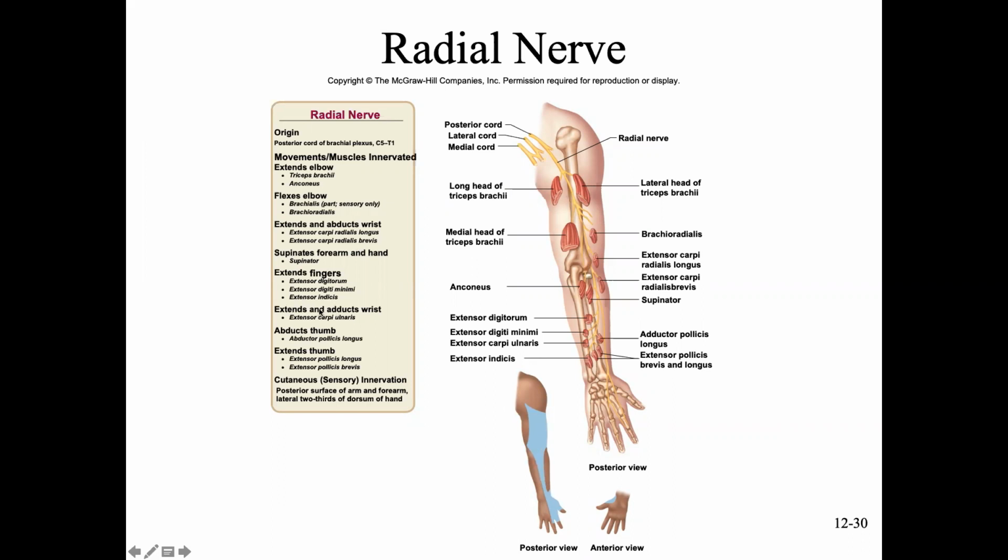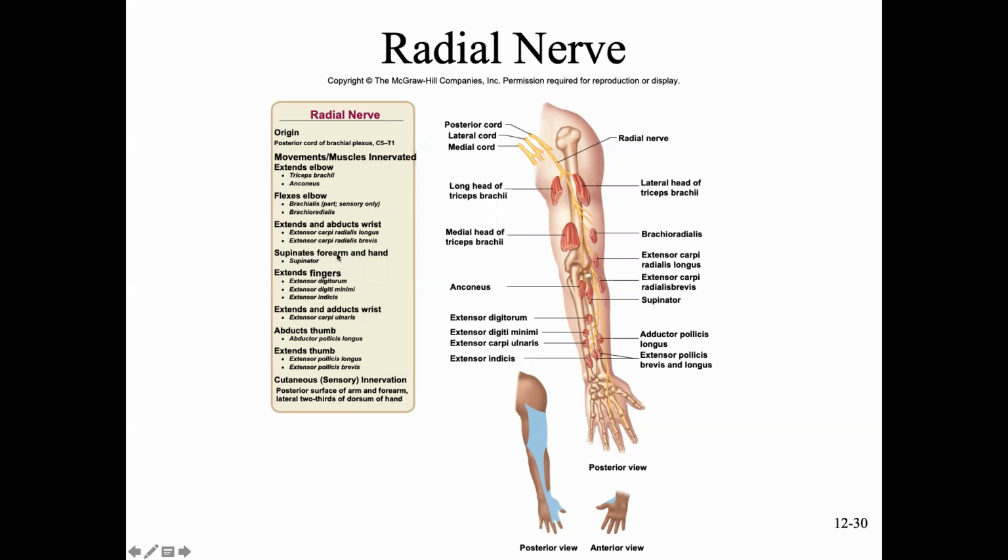So take a look at this. If you know radial nerve is in the back, well, your posterior muscles are all extensors. Triceps is in the back of your arm, extensor carpi radialis, longus and brevis, supinator, extensor digitorum, extensor digiti minimi. All those muscles in the back, posterior compartment of our arm, all by the radial nerve, which is also posterior.